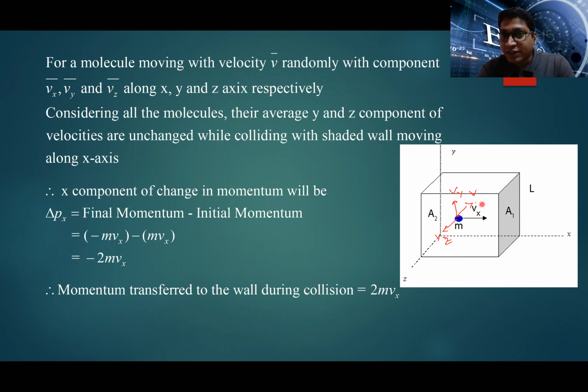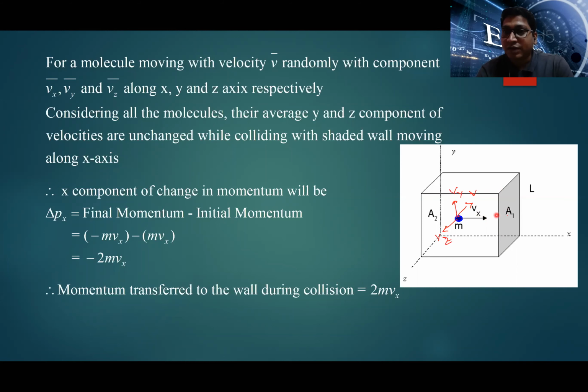Will there be any change in the magnitude? The answer is no. As we have discussed in the assumption, between two successive collisions the molecule is moving with constant velocity. So there will be no change in the magnitude of vx. The molecule is going to move with the velocity vx, and it is going to collide with this surface area A1.